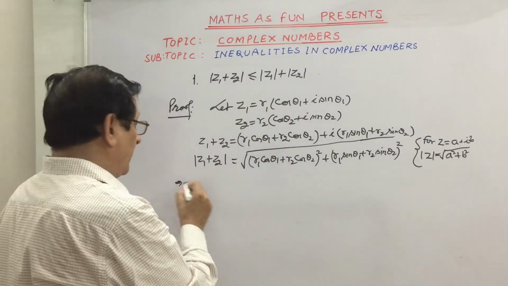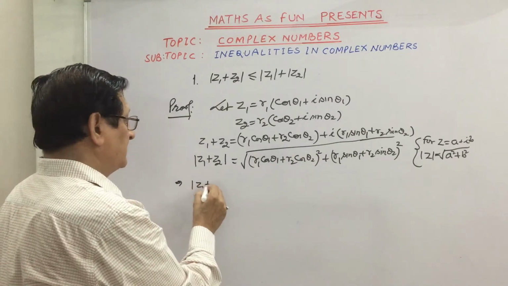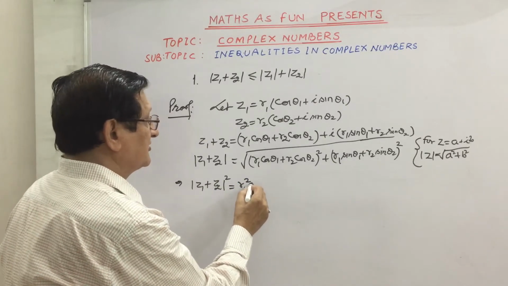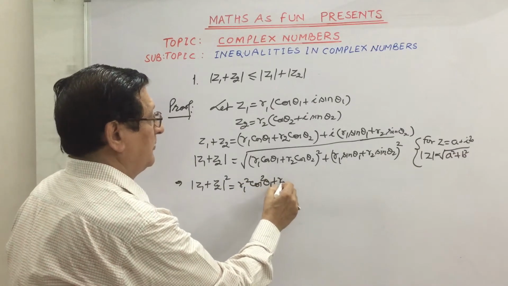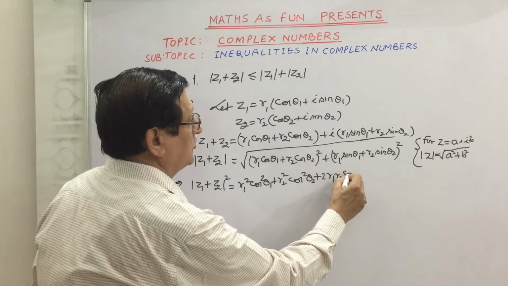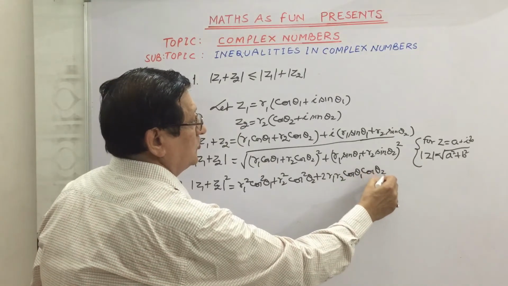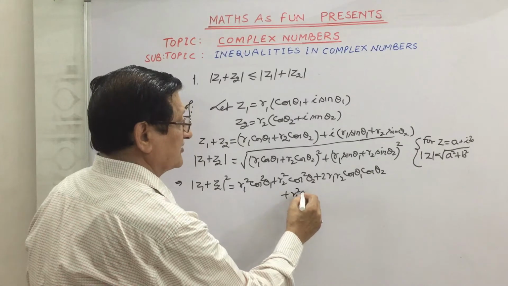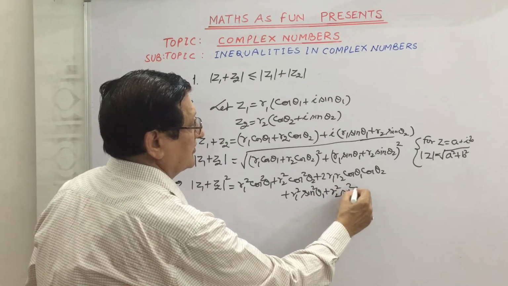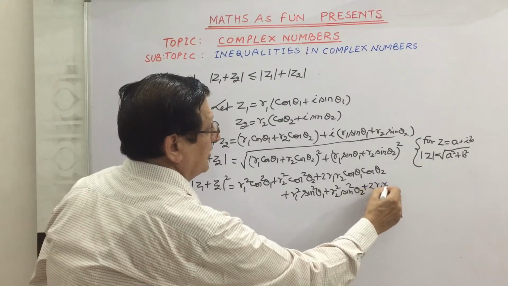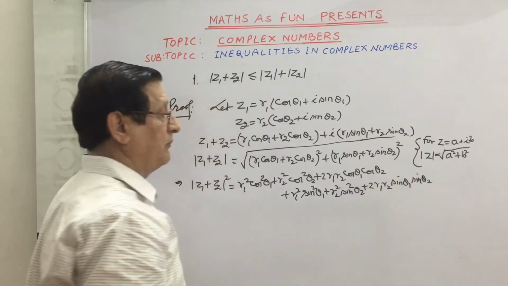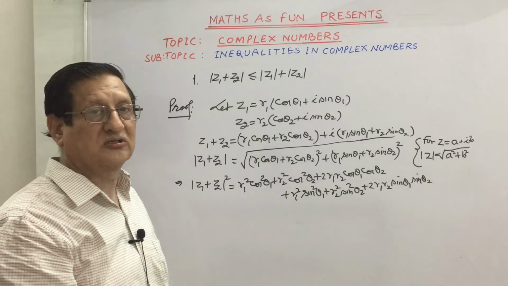If we square and simplify this, |z1 + z2| square will be equal to r1 square cos square θ1 + r2 square cos square θ2 + 2r1r2 cos θ1 cos θ2 + r1 square sin square θ1 + r2 square sin square θ2 + 2r1r2 sin θ1 sin θ2, applying the identity of (a + b) whole square.